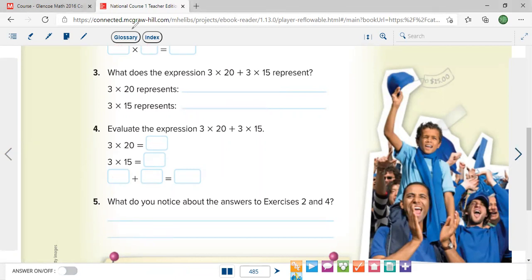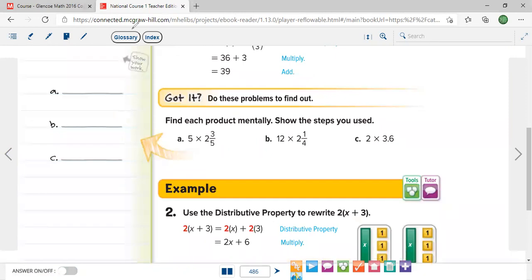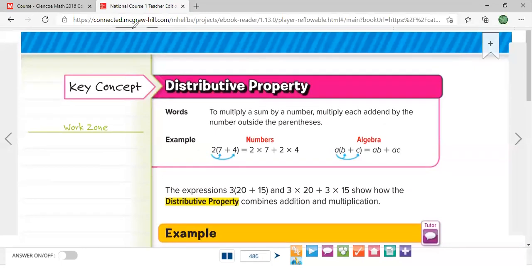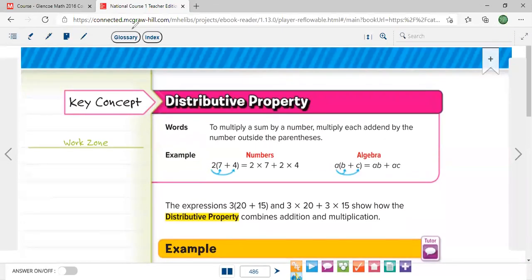Moving on. So we can say now that the distributive property, in words, is to multiply a sum by a number, this is a sum, 7 plus 4, and this is a number, 2.